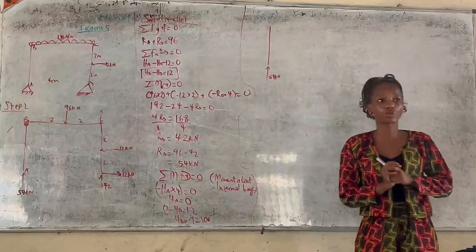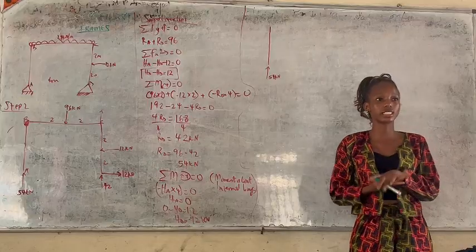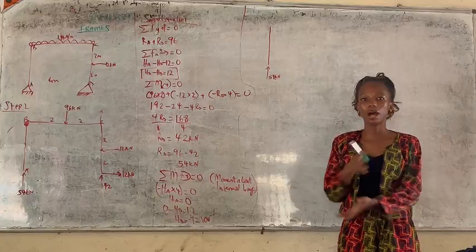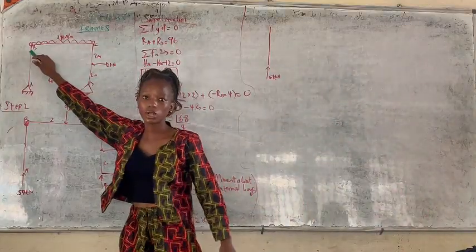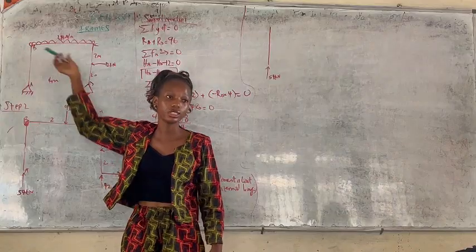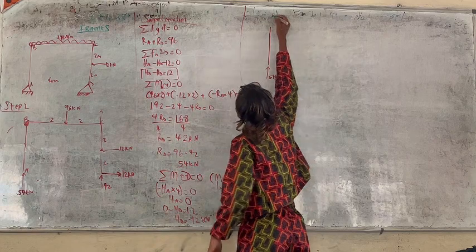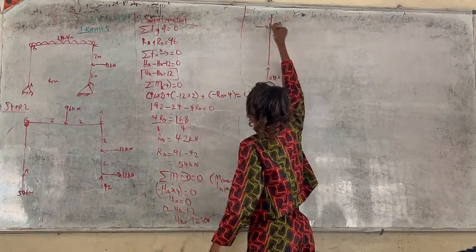The other time in the first question I said whenever we are splitting, we don't know what reactions are happening there. They made it easier for us to know that this is an internal hinge, so there's no moment there. The only reactions we can have are the horizontal and vertical reactions.